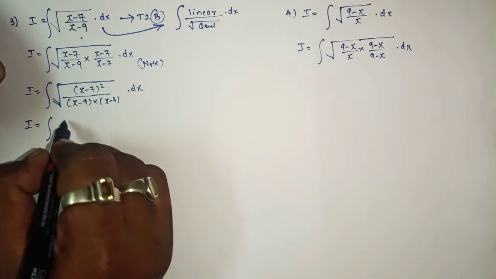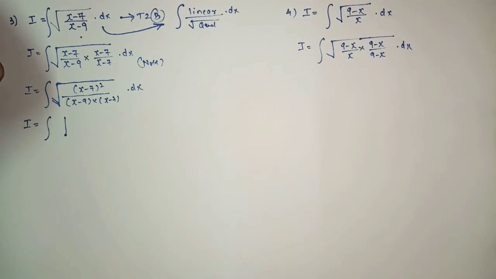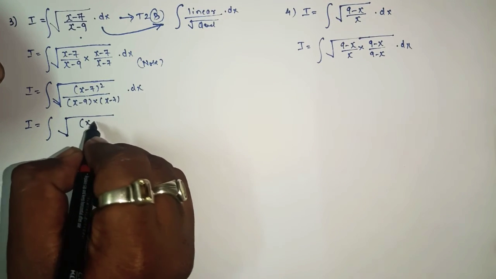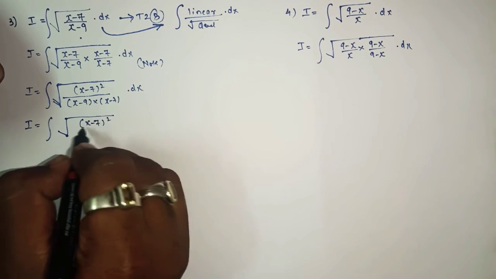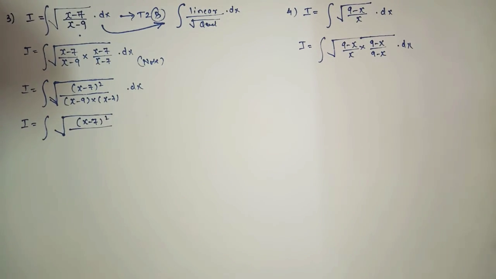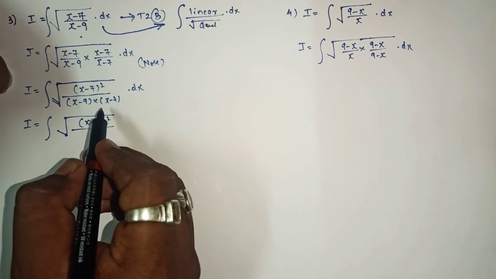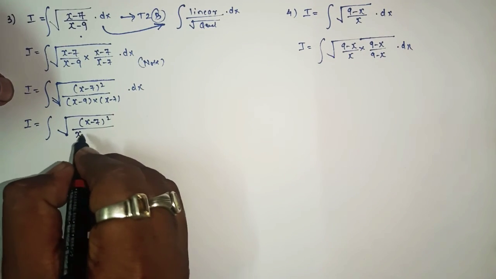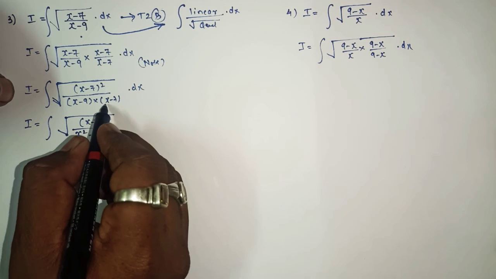I equals to integral. Okay, we'll keep this part as it is. Bracket open this section, so let's see what you will get. As we have x minus 9, x minus 7, when you open the brackets, you will get x square, x into x square.